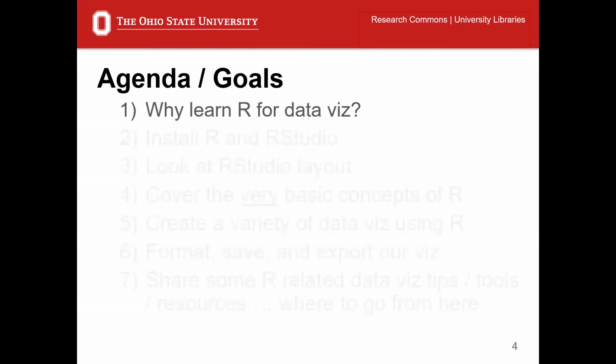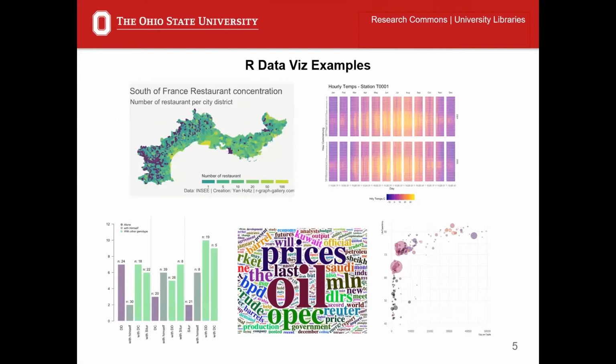Okay, so why learn R for data visualization? Here are a bunch of visualizations all created in R, and hopefully they showcase a little bit of the diversity of visualizations you can create. You can use geographic data to create maps. You can do these types of heat maps with time elements. You can do more traditional grouped bar charts.